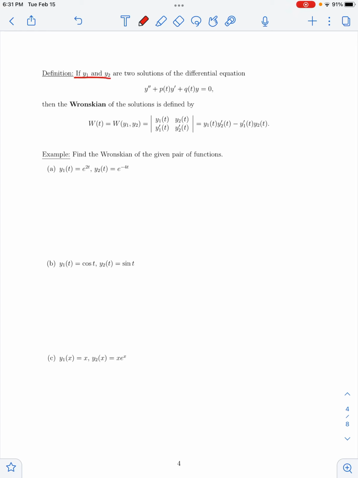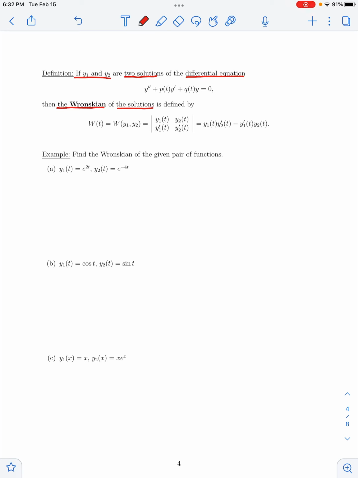as follows. If y1 and y2 are two solutions of the differential equation y double prime plus p of t y prime plus q of t y equals 0, so this homogeneous second-order linear equation, then we would define the Wronskian of those solutions as follows.